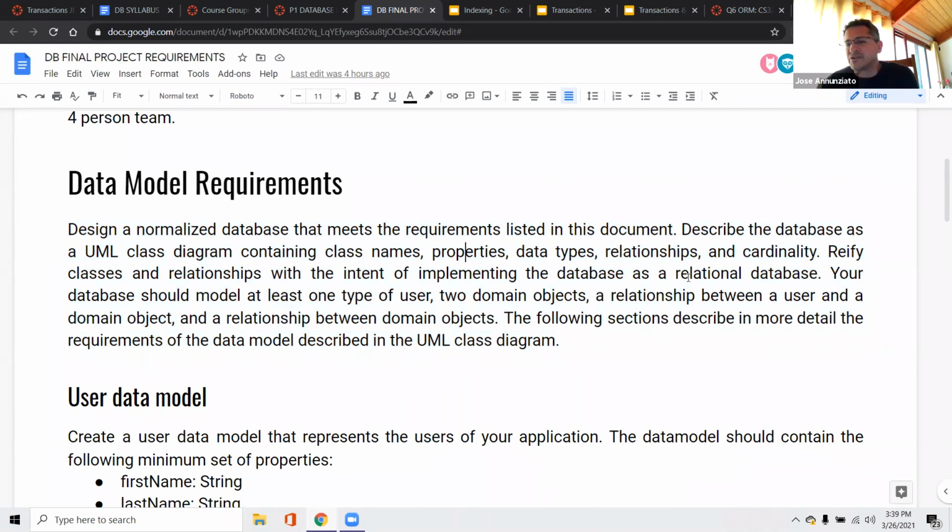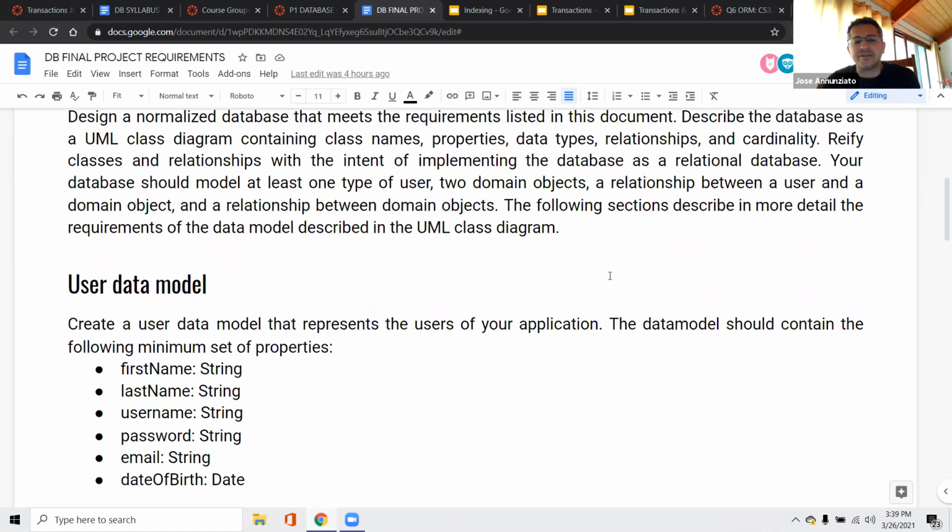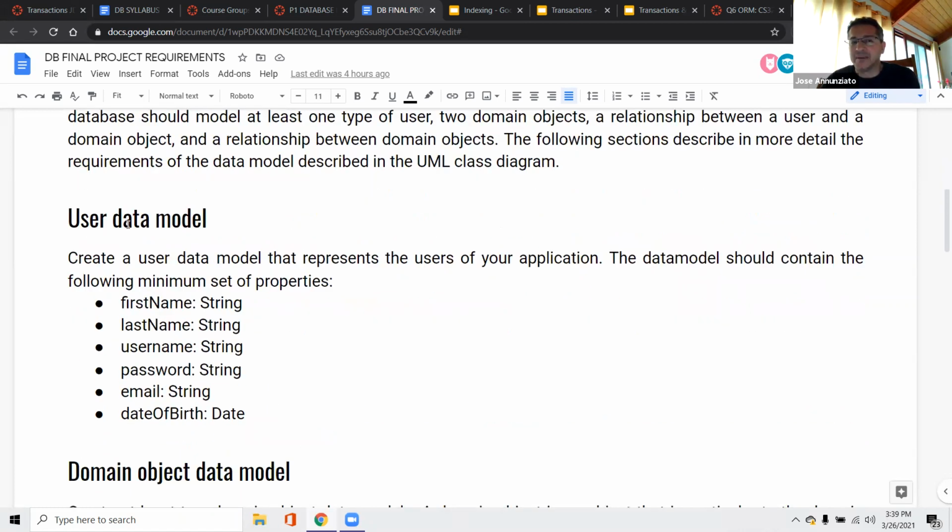Okay, so make sure that if it's a many-to-many, you have a mapping table or class, or you have an association, and you have aggregations and compositions, and all that good stuff. Now your UML diagram needs to contain the following at a minimum.